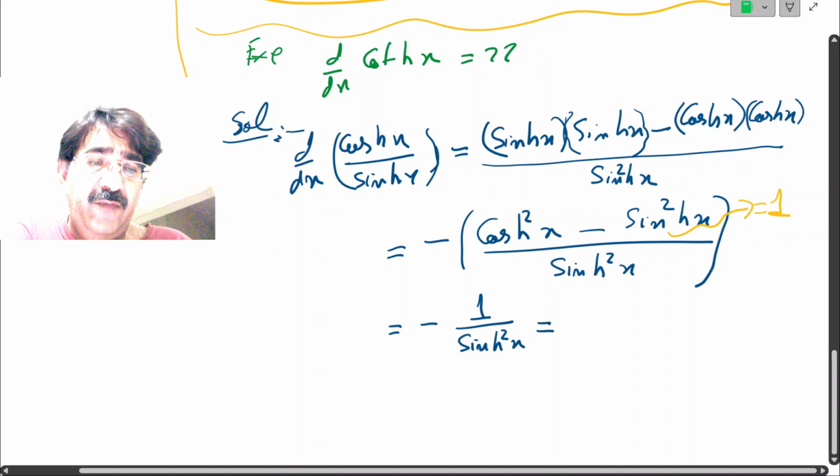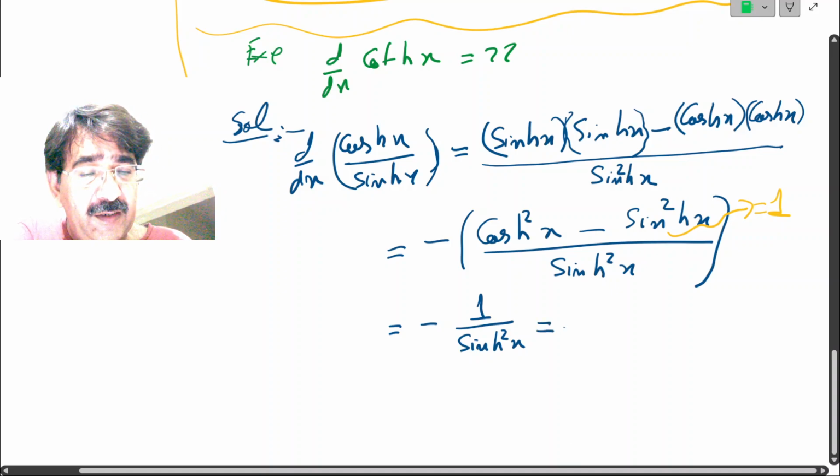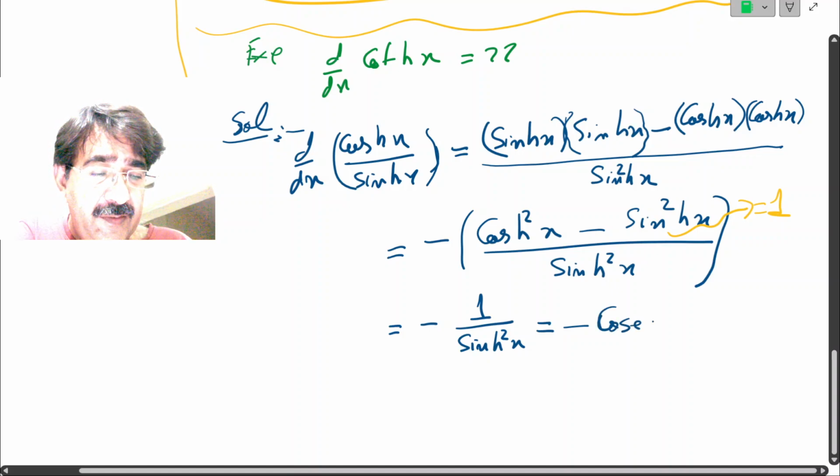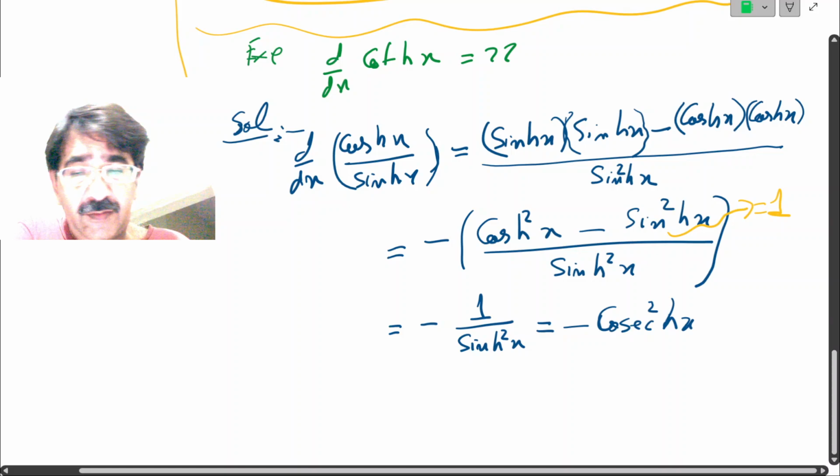But the inverse of sine is cosecant hyperbolic, so cosecant square hyperbolic x.